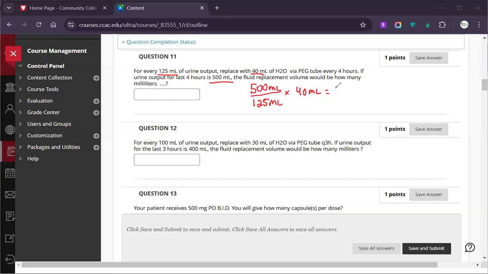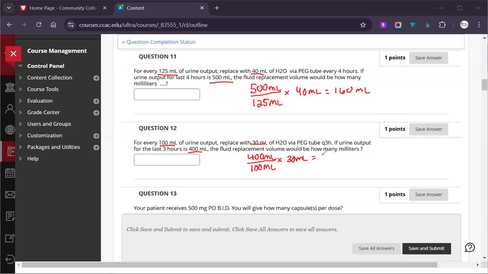And then before I put my answer, I'll go ahead and do the same thing here. So I'm going to follow the same process. Here's my output, here's my expected output, and here's my replacement volume. So 400 milliliters over 100 milliliters times my replacement volume.